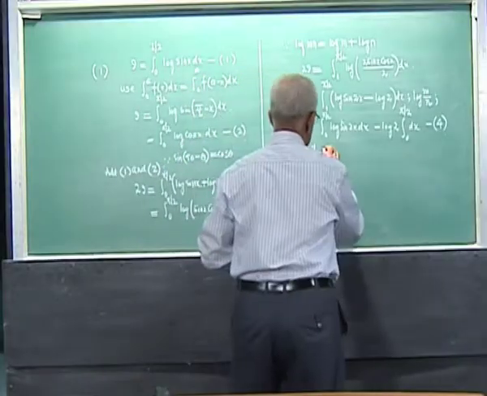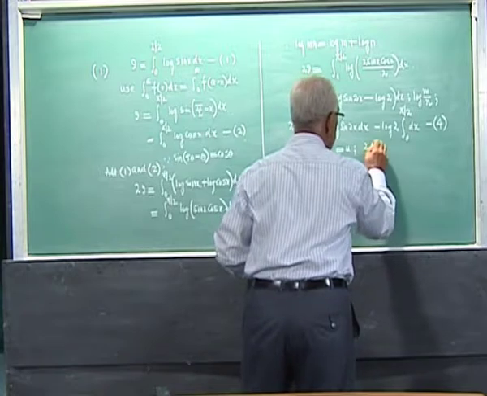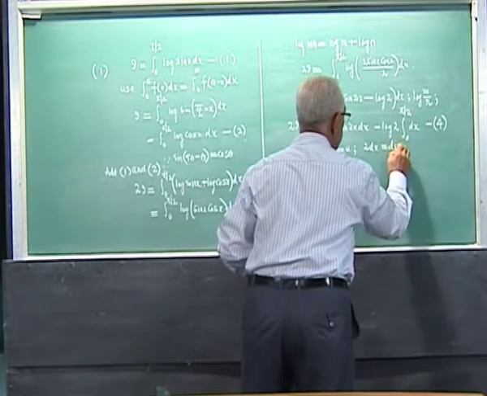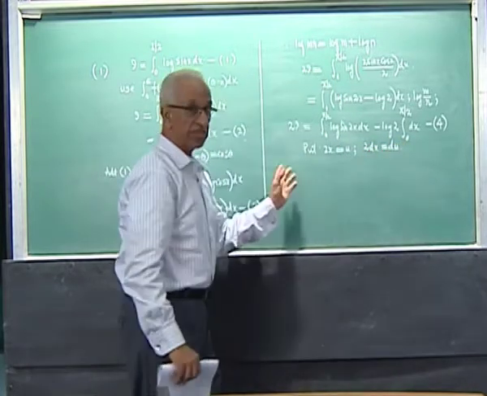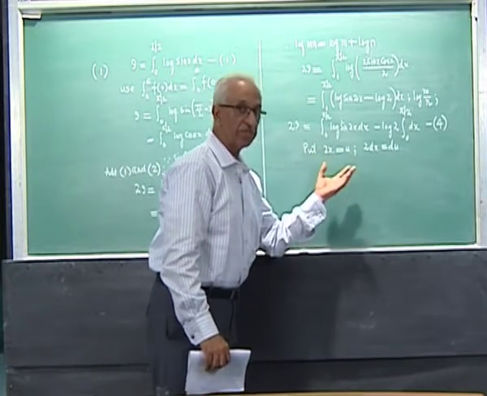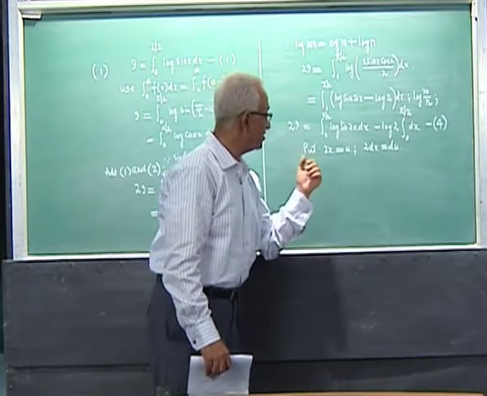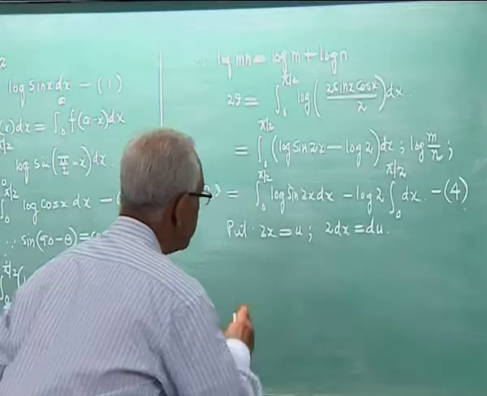I'll put 2 times x equal to some variable u. So 2 dx is equal to du. As we have discussed earlier, when we do substitution for definite integrals, the limits will change.